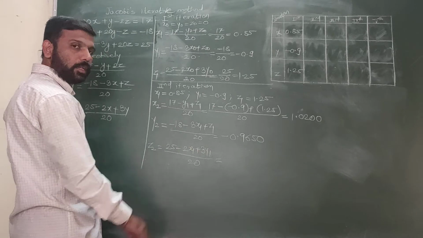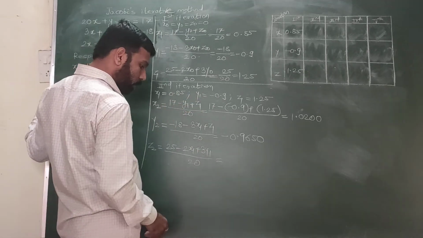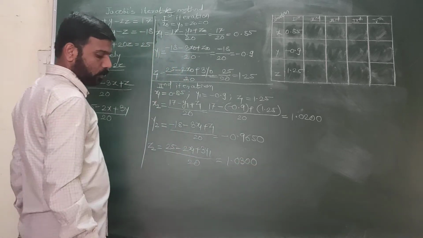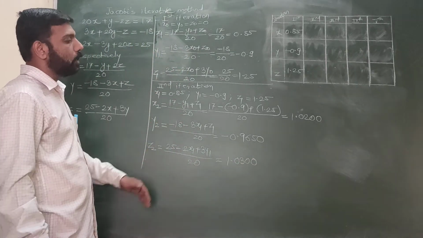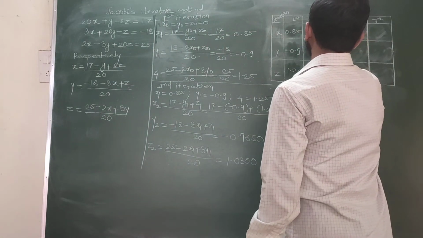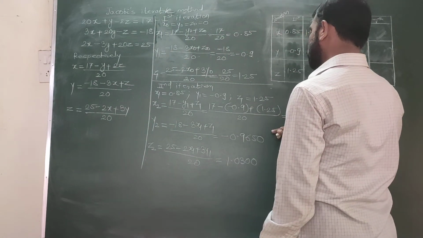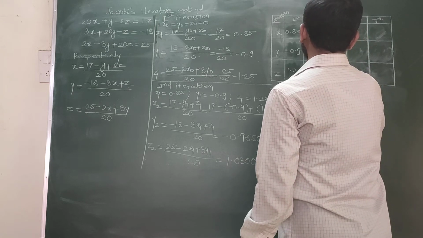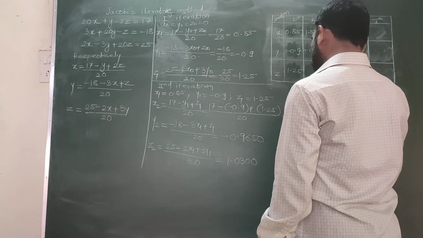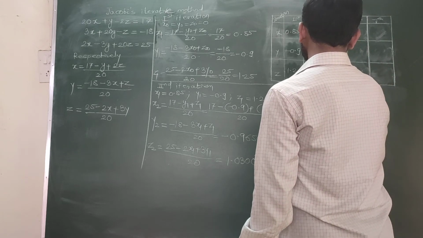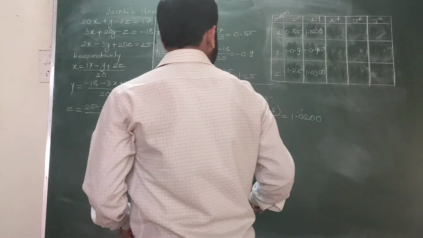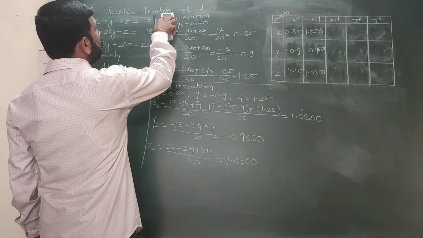Substitute these x1, y1 values. So this completes our second iteration. Now we'll put these values in the table: x2 is 1.02, y2 is minus 0.9650, sorry. So this is in the table.